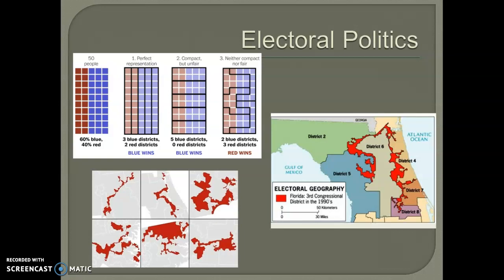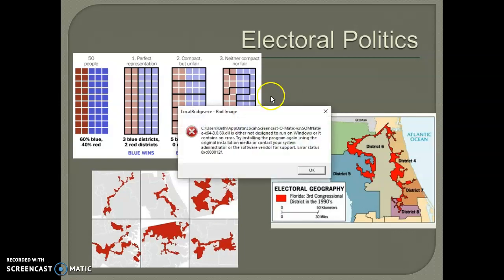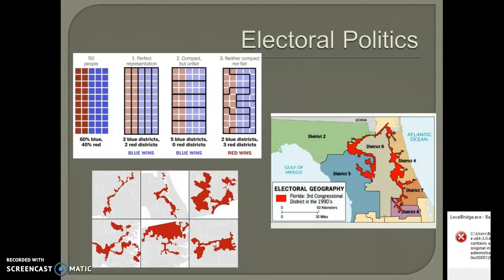Once the population's been reapportioned to whatever state that they're in, then we're going to have to redistrict, right? And redistrict means to split up, right, the population so that we have an equal number of population in each district.